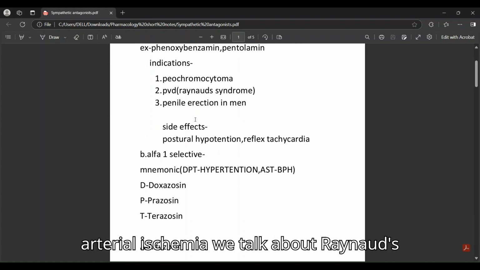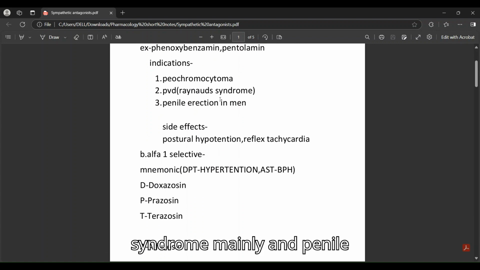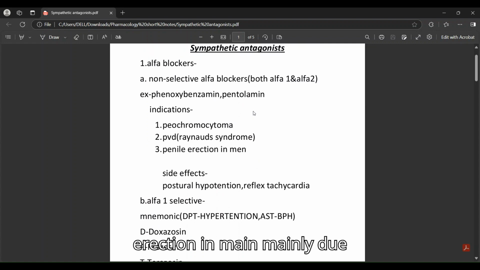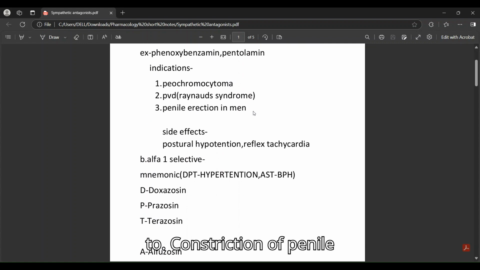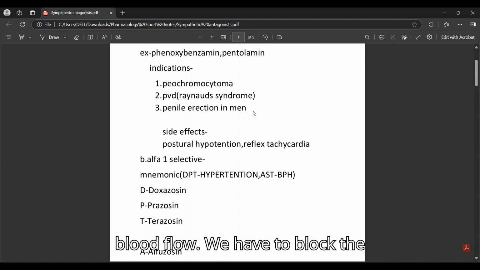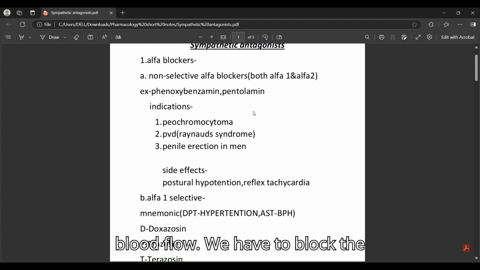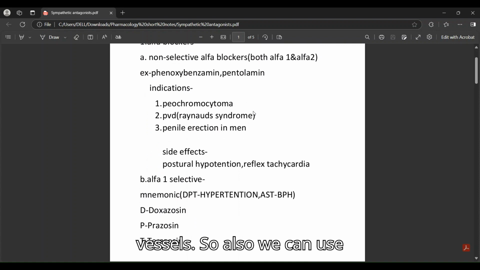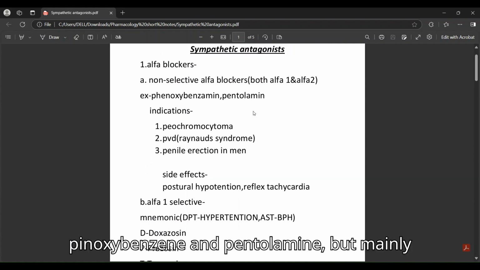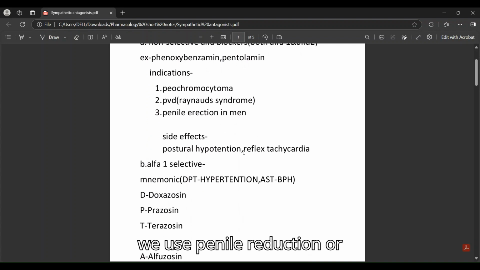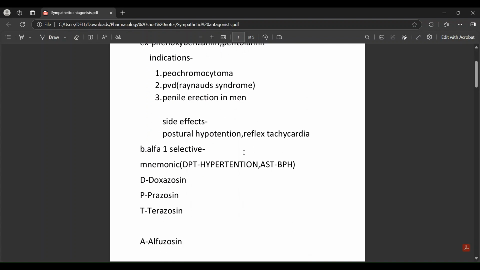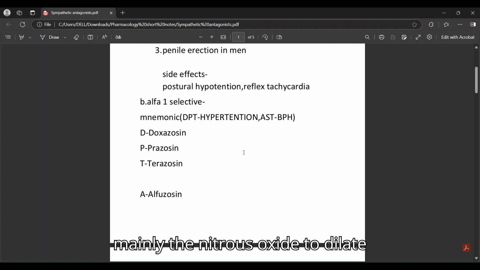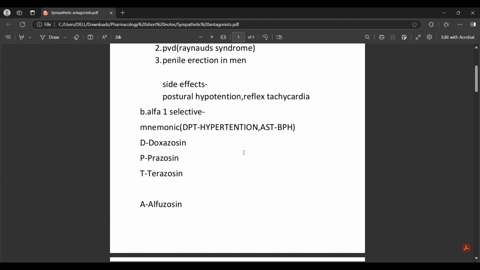So in chronic arterial ischemia, we talk about Raynaud's syndrome mainly, and penile erection, mainly due to constriction of penile blood flow. We have to block the sympathetic flow and dilate those vessels. We can also use phenoxybenzamine and phentolamine, but for penile erection or impotence, we mainly use nitric oxide to dilate blood vessels.